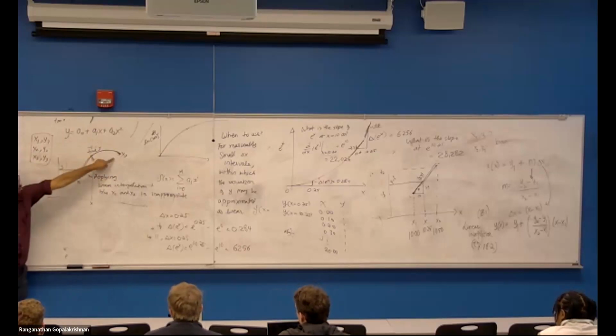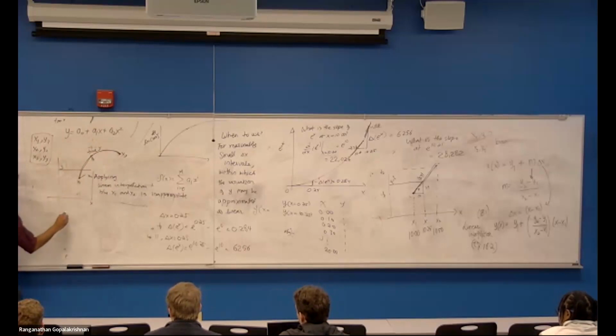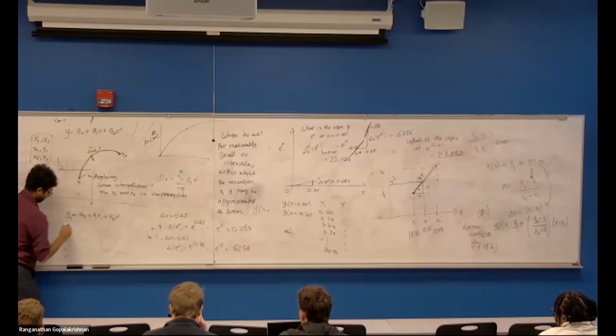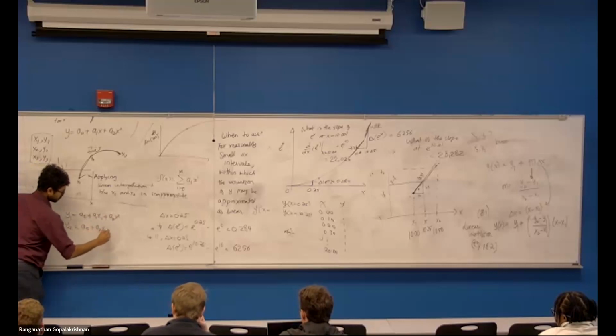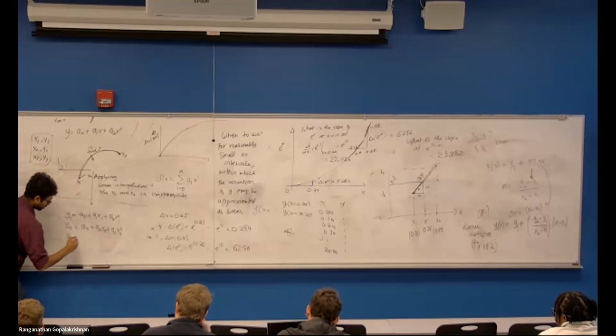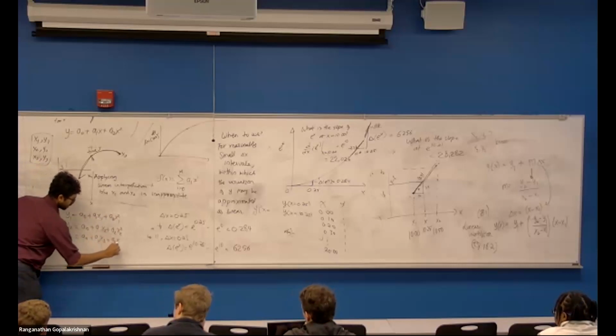3 data points, 3 coefficients that need to be solved for. So substitute x1 y1, and y3 equal to a0 plus a1 x3 plus a2 x3 squared.